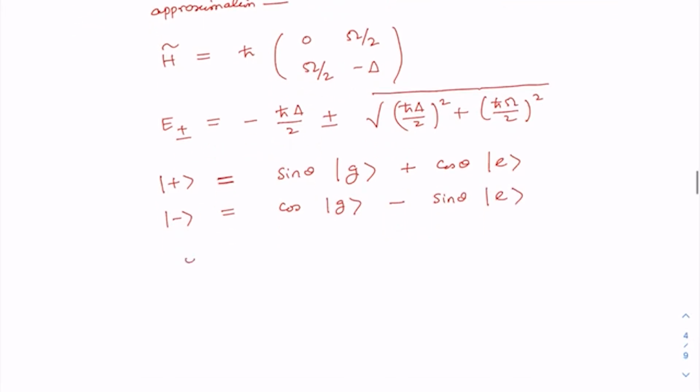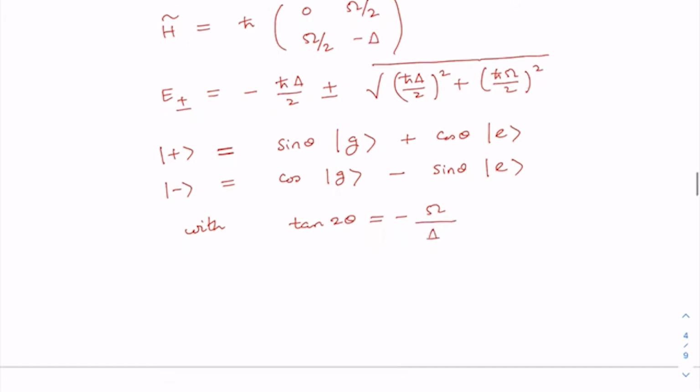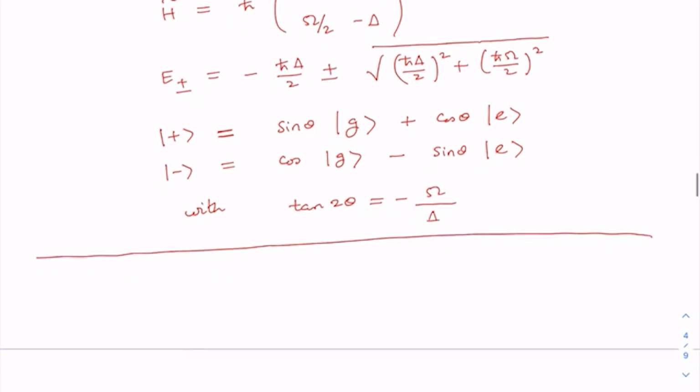This angle theta is the Stückelberg angle, and we worked out that tan 2 theta is equal to minus omega, the Rabi frequency, divided by the detuning parameter. So this is what we have already learned in module 1.